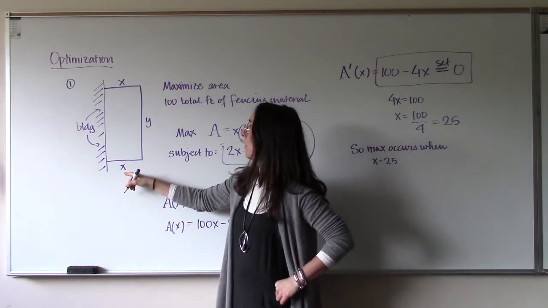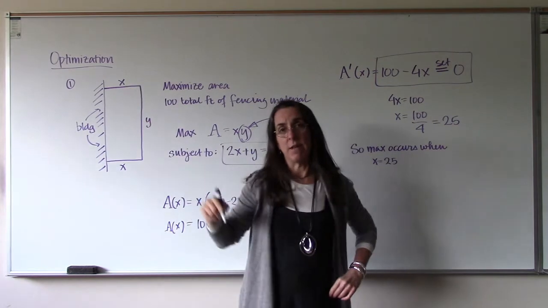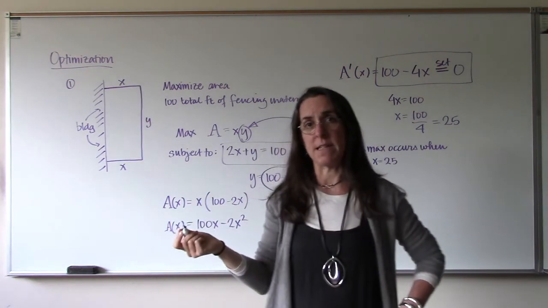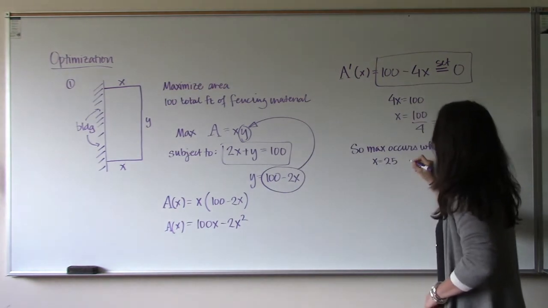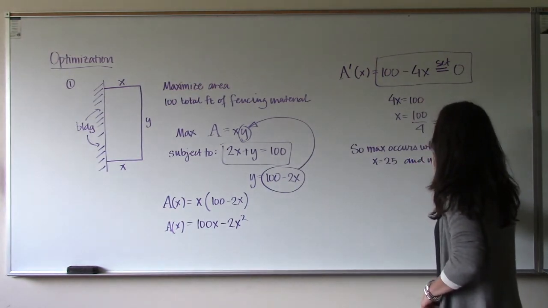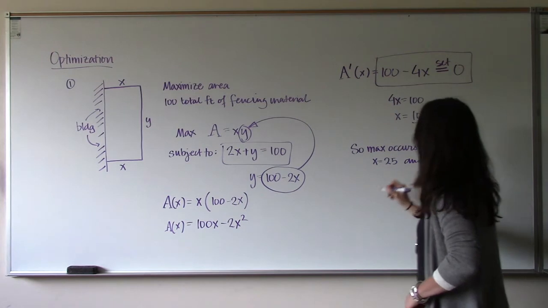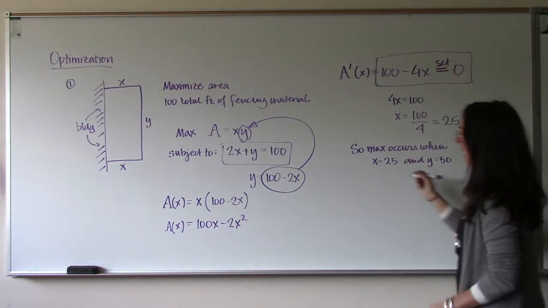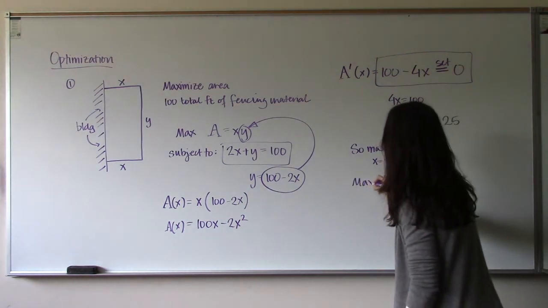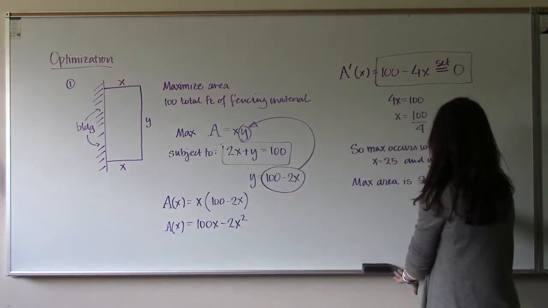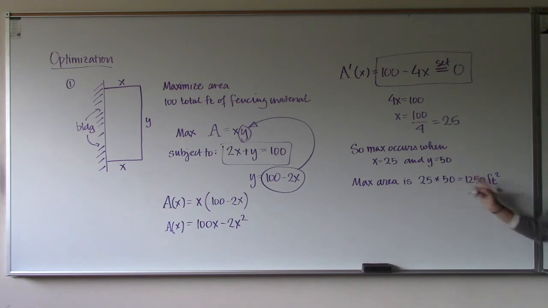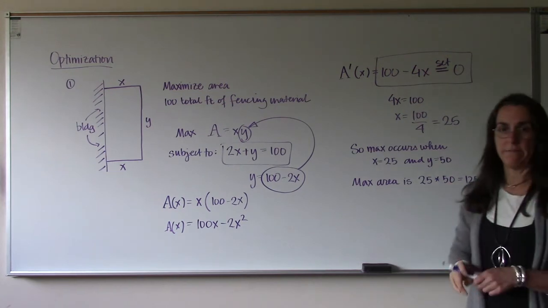If this x is 25 and that x is 25, then we've used up 50 feet of the fencing, right? And so y would have to be equal to 50. So that's when the max occurs, and the maximum value of the area is what you get when you multiply the two of these together, so 1,250 feet.